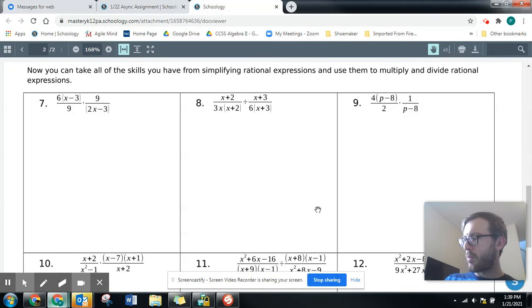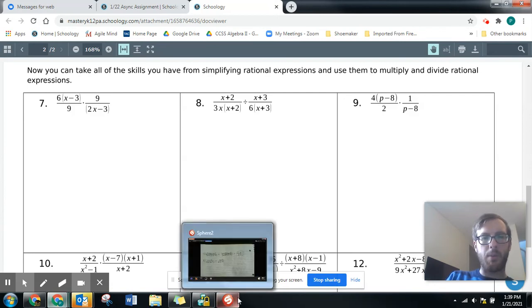So I'm going to go through number 8, because I think that's one of the ones that is most useful to look at. So in this one, we've got x plus 2 over 3x times x plus 2. And we're dividing by x plus 3 over 6 times x plus 3.